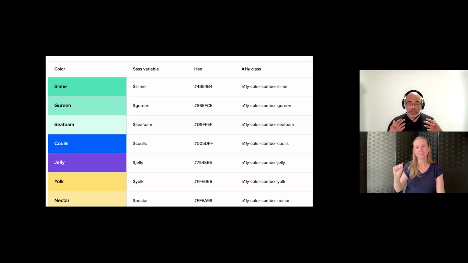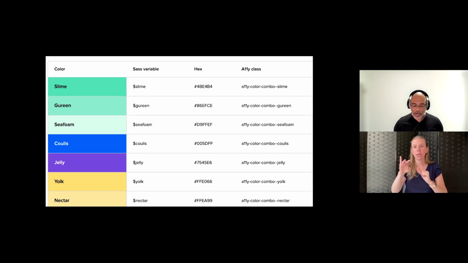So that way, whenever anyone released anything, a new component, a new element that had a particular background color, we had a class that they would use that was an accessibility class, and it would automatically set the background as well as the foreground so that it would pass the minimum contrast ratio throughout the entire application.